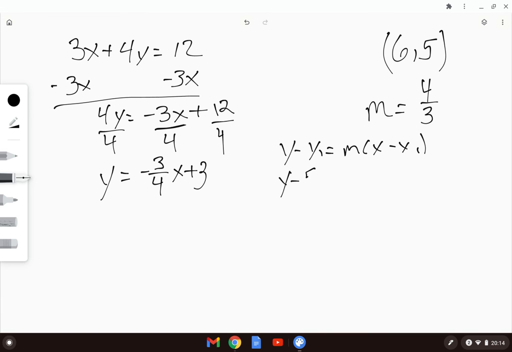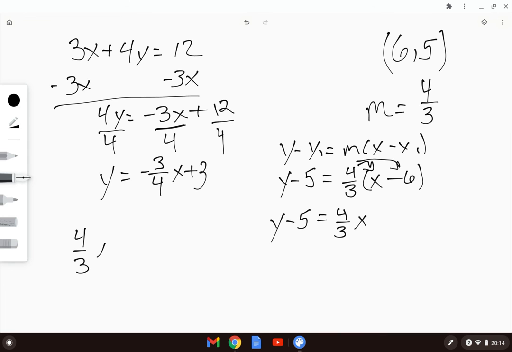So y minus 5 equals 4/3 times x minus 6. So when I distribute 4/3 to everything, 4/3 times 6 over 1, if I multiply across, 4 times 6 is 24, divided by 3 equals 8.